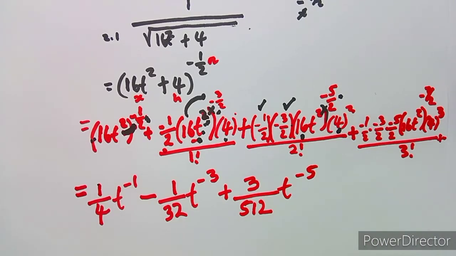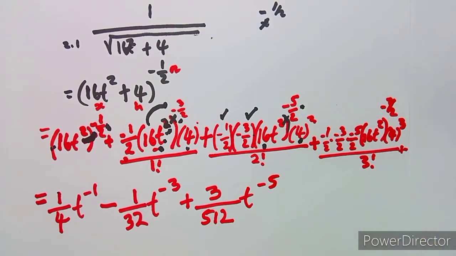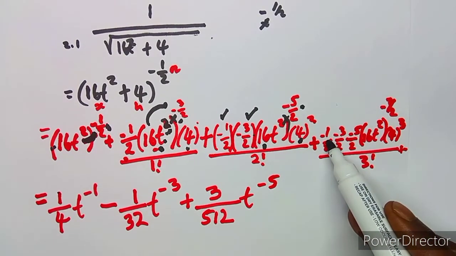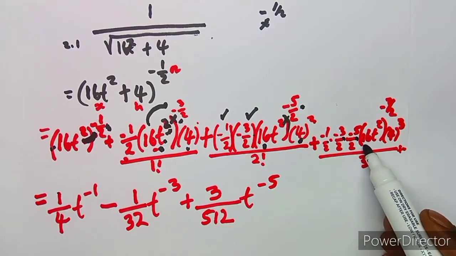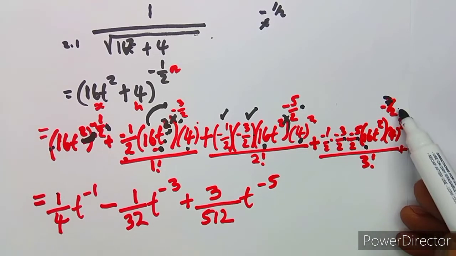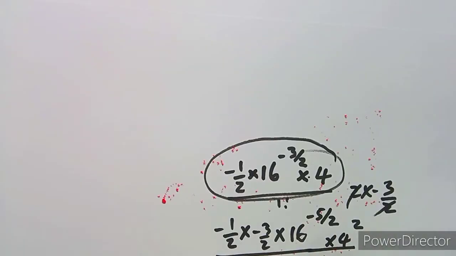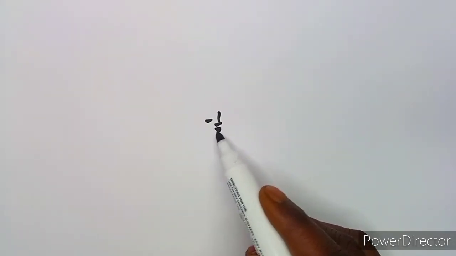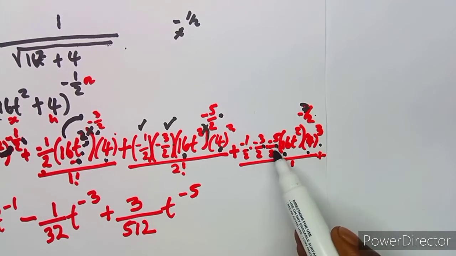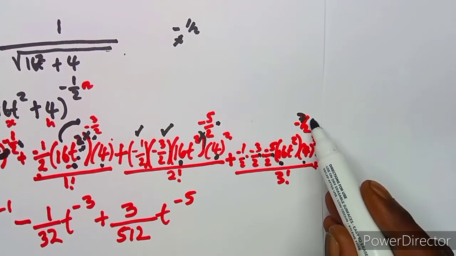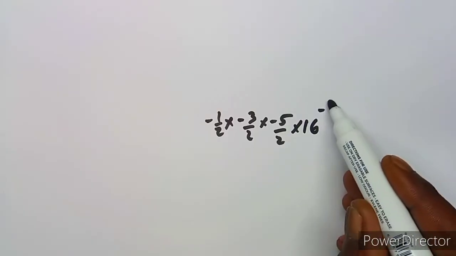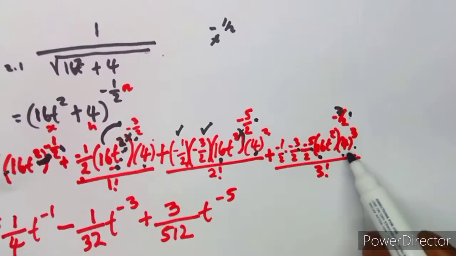Then the last part, you do the same again, just like what we did. So this time it is going to be minus half times minus 3 over 2 times minus 5 over 2 times 16 to the exponent of minus 7 over 2 times 4 to the exponent of 3 over 3 factorial, because there is this 4 which is outside.